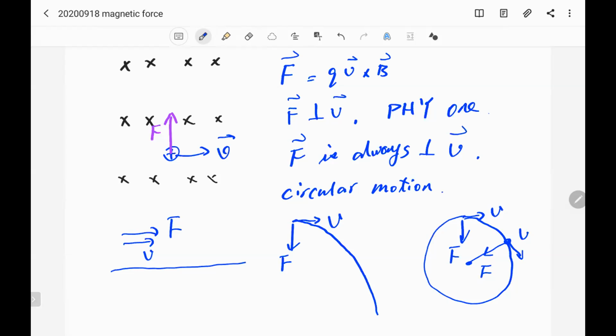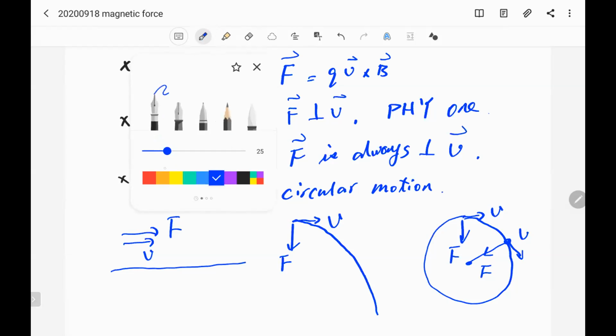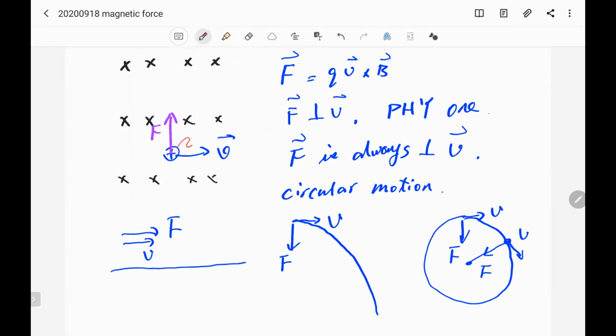The same idea in the magnetic field: the magnetic force is always perpendicular to the moving velocity. So the charge is going to move on a circle. The trajectory is a circle with a constant radius. So this is the motion of a moving charge in the magnetic field.